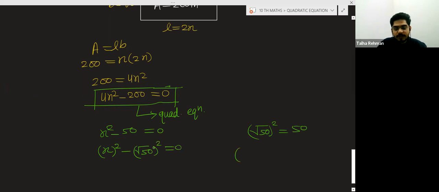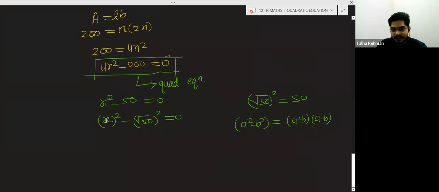Now there is a formula: a square minus b square is equal to a plus b, a minus b. So you can write x minus root 50, and x plus root 50 is equal to 0.